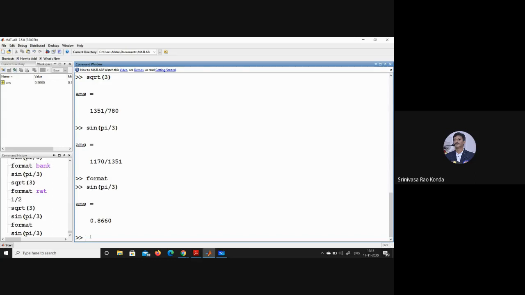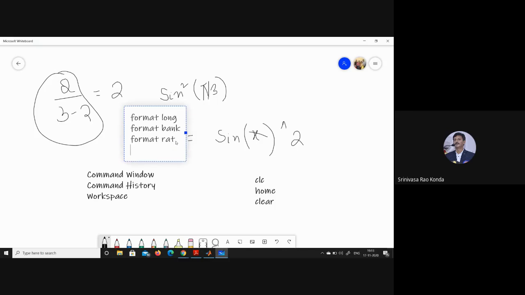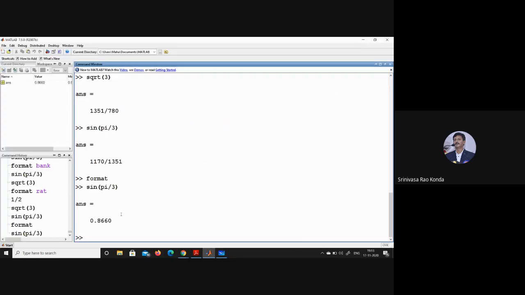I mean the original format. We get the same. So this is about formatting techniques in MATLAB. I'm using CLC.